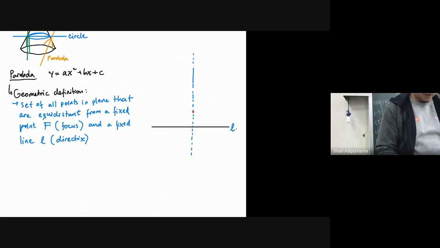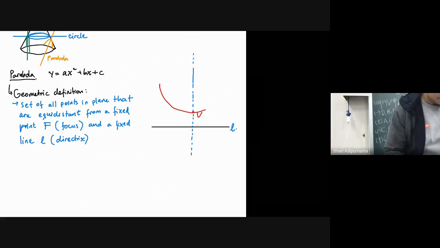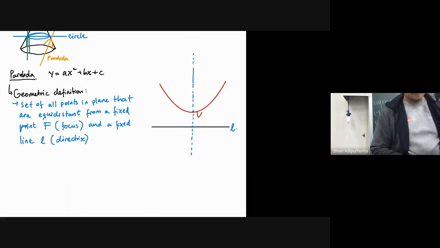Maybe this is the vertex. And this is the focus.